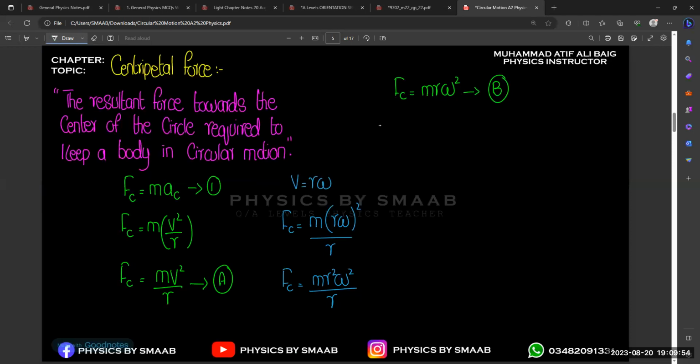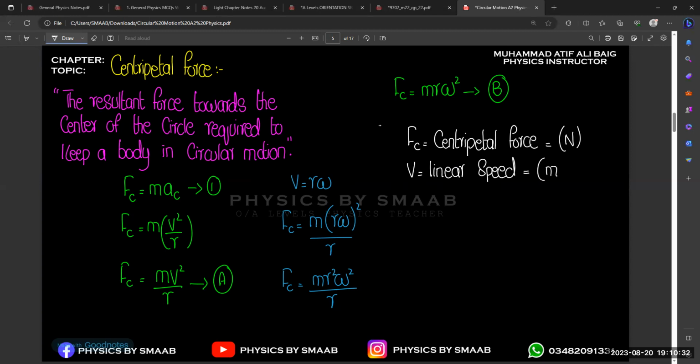And one last thing that we need to discuss: Fc is the centripetal force, and we know the SI unit of force is always Newton, right? Secondly, we have v, which is your linear speed, and that will always be meter per second. Next we have omega, which is angular speed.